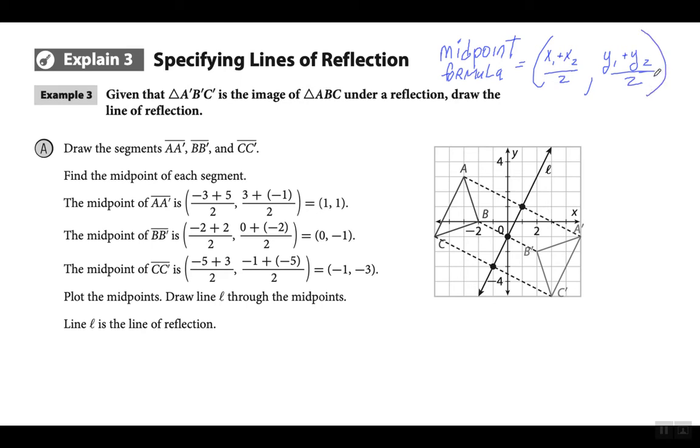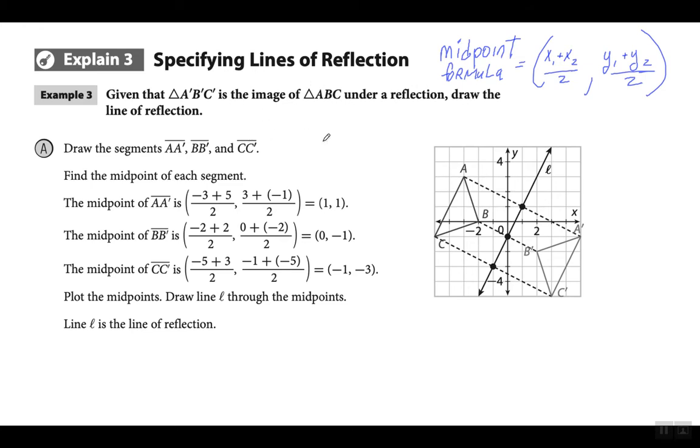Remember, if you have 2 points and you're trying to find the point that's exactly between them in the middle, you add their x coordinates and divide by 2, and add their y coordinates and divide by 2. That'll give you the x and the y coordinate of the midpoint.